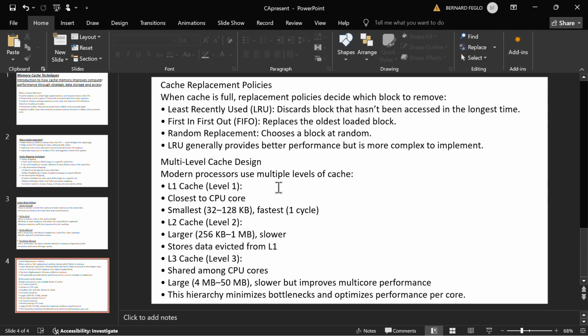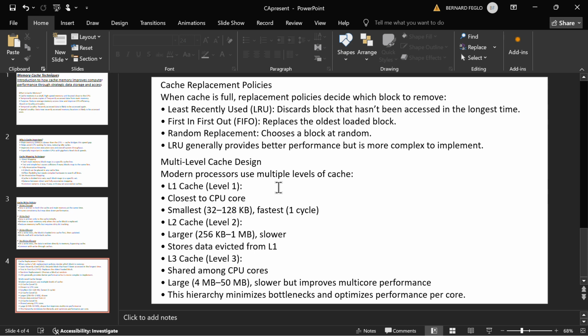So to summarize all this, the cache memory's main use is that it helps bridge the speed gap between CPU and the memory. And then the different mapping techniques, which are direct, associative and the rest, determine where data is stored. That's the basic knowledge about them.